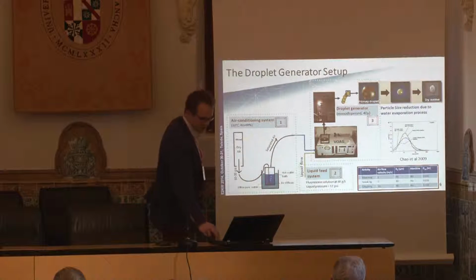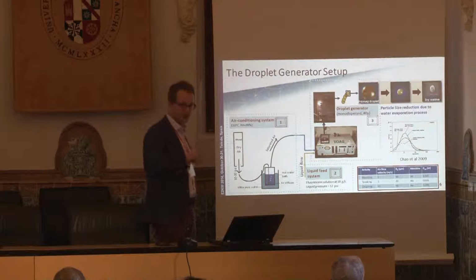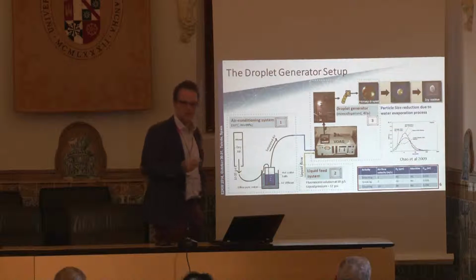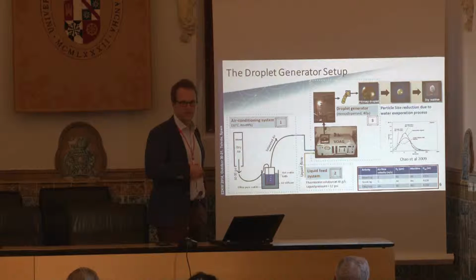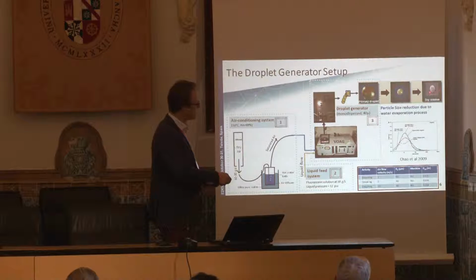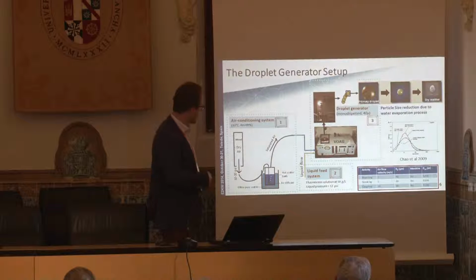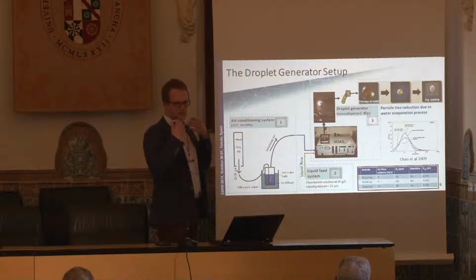Just to show you a little bit more about the device that we use to generate these particles. You can see that they are yellowish or orange particles because they contain a fluorescent tracer that we use as a tracer from the droplets to the dry residues, here on the SEM picture. The idea here was to use an existing generator, which is actually not used for this type of application, and we changed and readapted this equipment in order to mimic what comes out of the mouth.